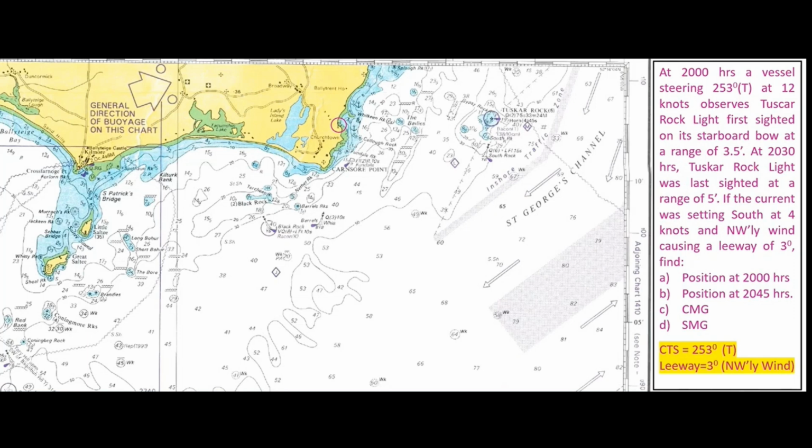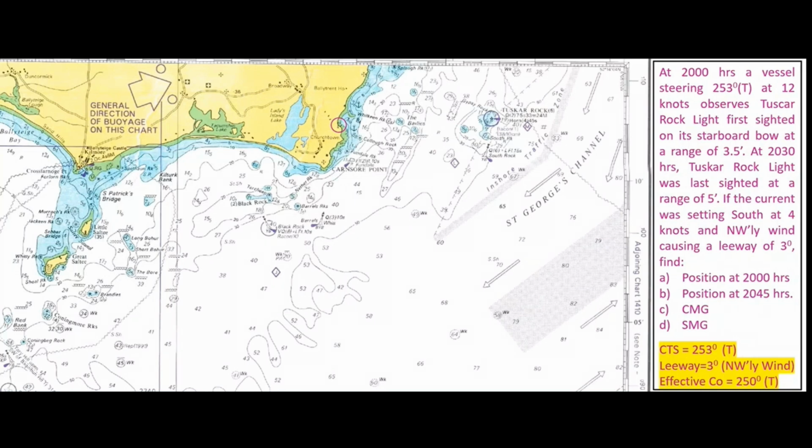That means the wind is from the starboard side. Port side is the lee side or downwind side. So leeway will have to be subtracted. So the effective track, or the leeway track, will be 250 degrees true. When we have to allow for both wind and current, we allow for wind ideally on the answer sheet and we use the effective course to plot.